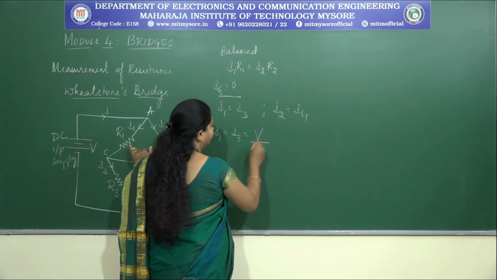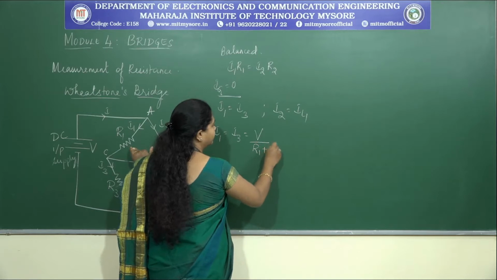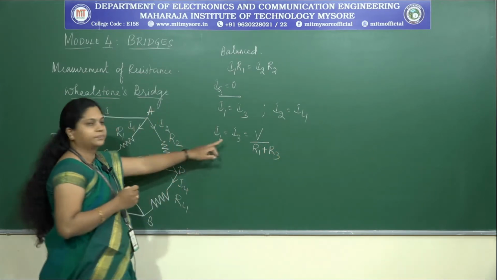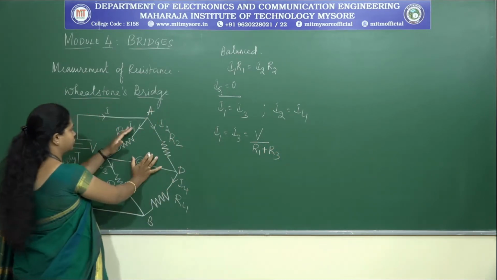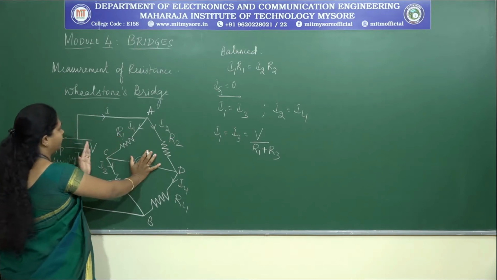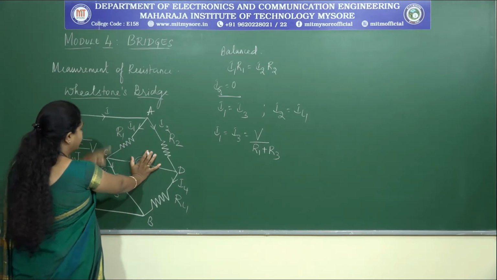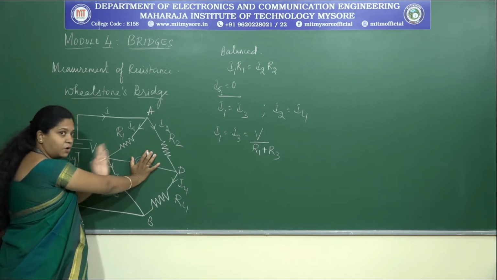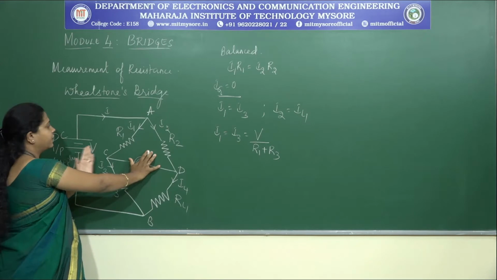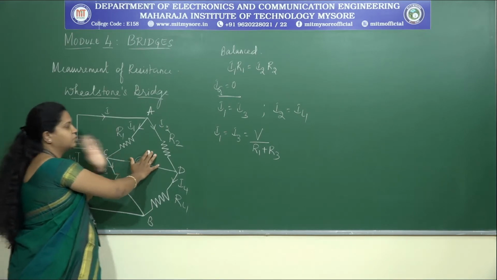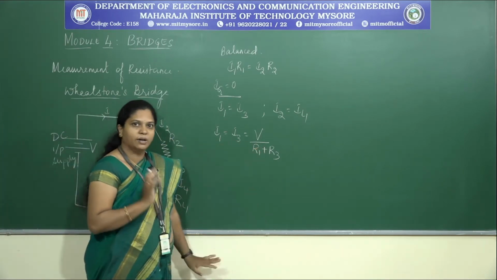Yes or no? So when the galvanometer current is 0, V divided by the sum of the resistors R1 plus R3 will give the total current flowing, which is nothing but I.